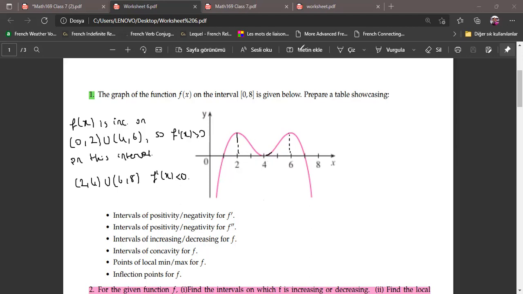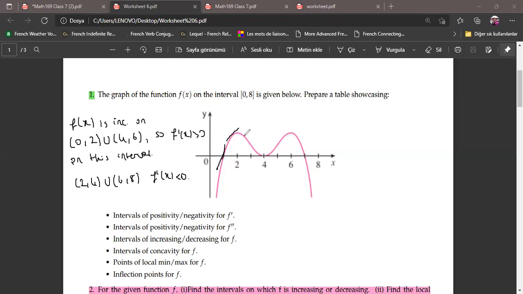Let me erase it. So we see that it's downward till here. You can determine that by taking the tangent lines, right?